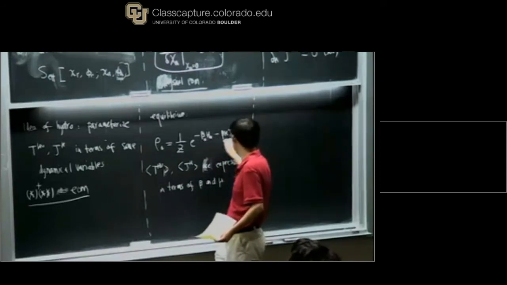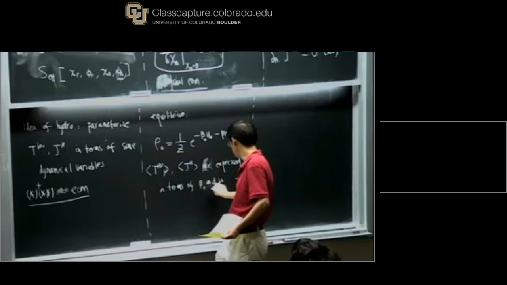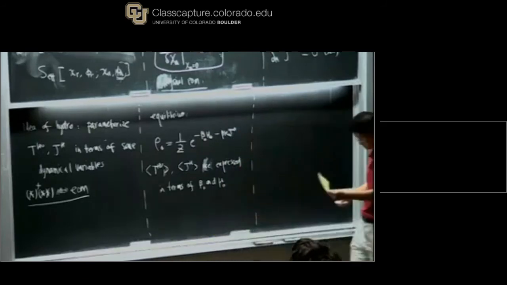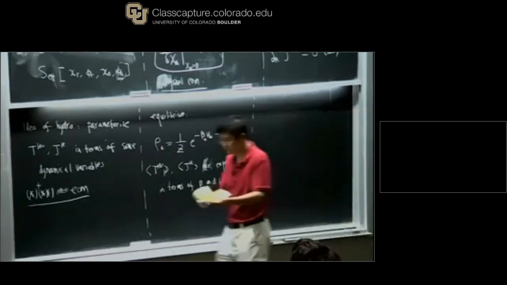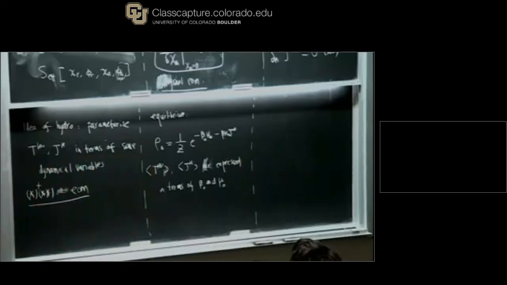Let me call these beta_0 and mu_0. In fact, you can write their form explicitly.